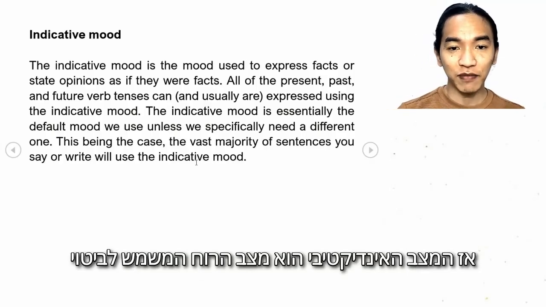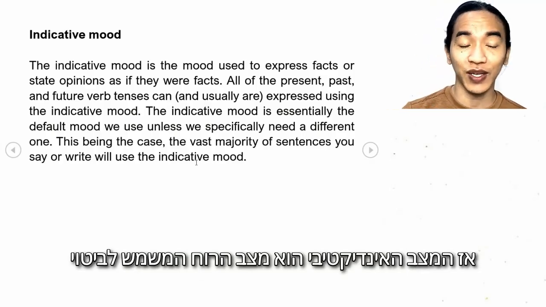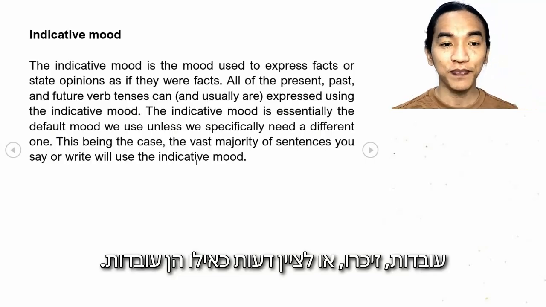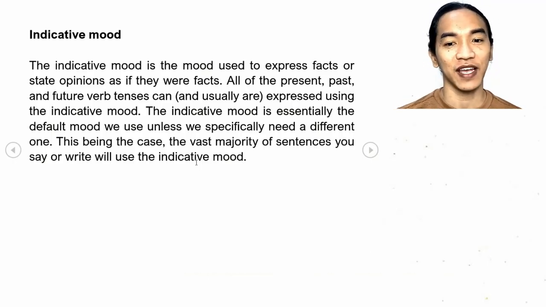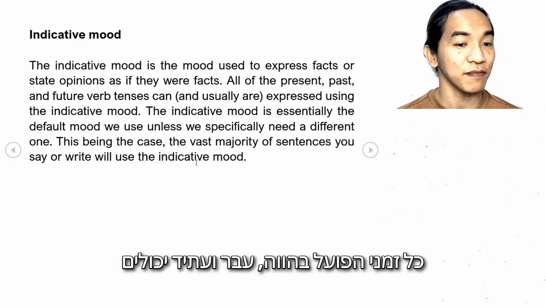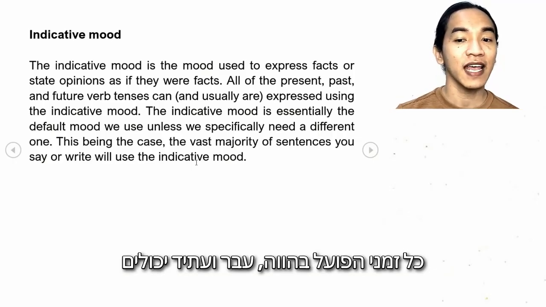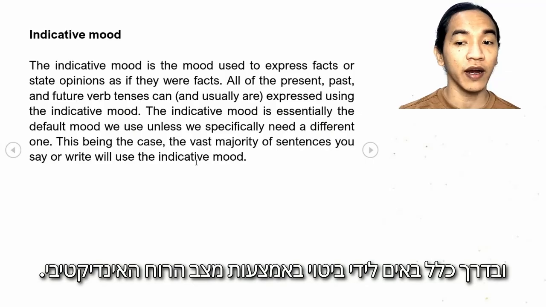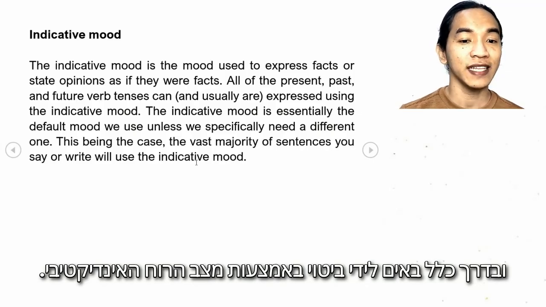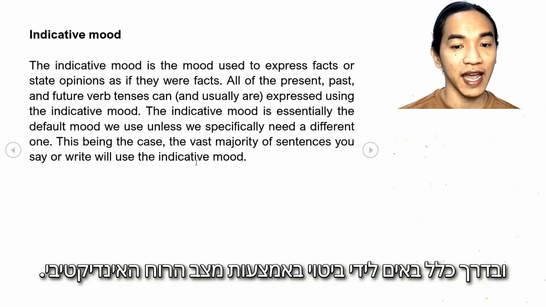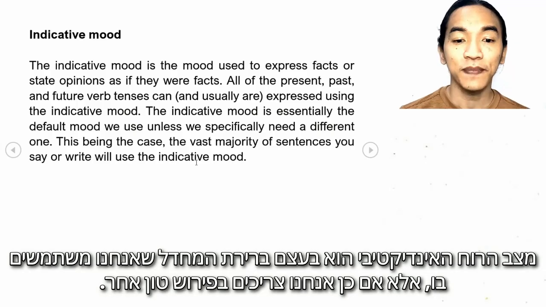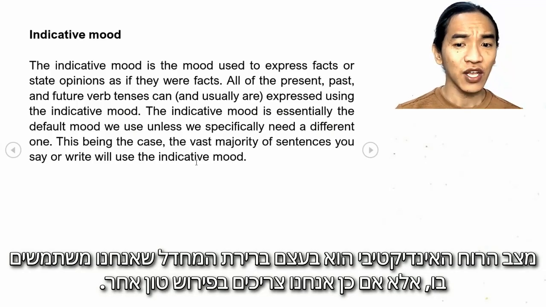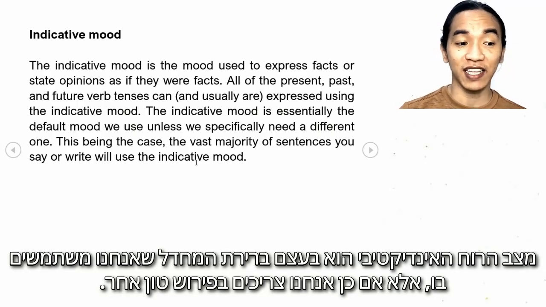The indicative mood is the mood used to express facts, or state opinions as if they were facts. All of the present, past, and future verb tenses can be, and usually are, expressed using the indicative mood. The indicative mood is essentially the default mood we use unless we specifically need a different tone.